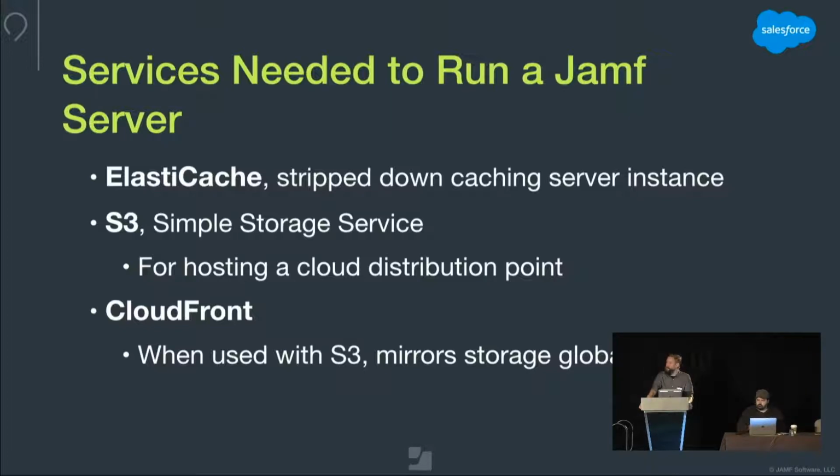And then CloudFront's our next piece. Showing there? Okay, yeah. CloudFront's the next piece here. Now, CloudFront, when used with S3, is going to mirror storage globally. So that's actually going to bring those things that you need to distribute to your customer, or your internal customer, I should say, out closer to them, to a CDN, to an endpoint closer to the customer outside of your actual Jamf Pro instance.